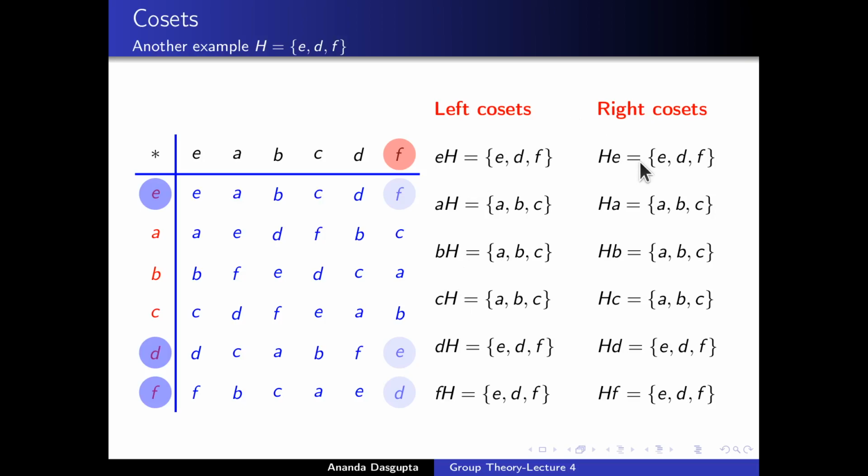So, for some subgroups, left cosets and right cosets are not the same, at least not all the same. But then there are some special subgroups for which left and right cosets are the same. And as we will see, these special subgroups are what are called normal subgroups. And that is what we are going to discuss in some detail in today's lecture.